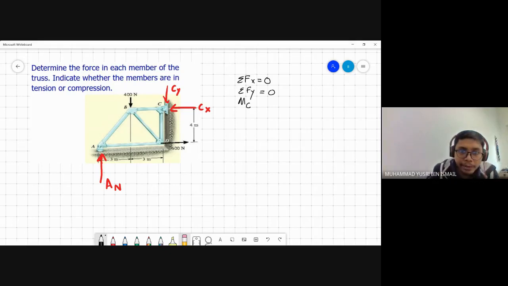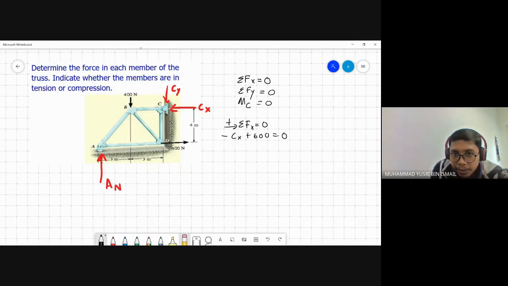Oh, there's another force here, 600 Newton. Okay, go to 0. Summation of Fx equal to 0. Then negative Cx plus 600 equal to 0.